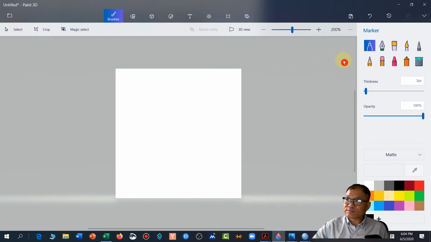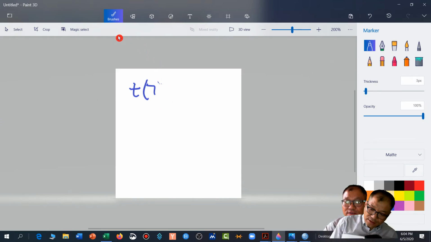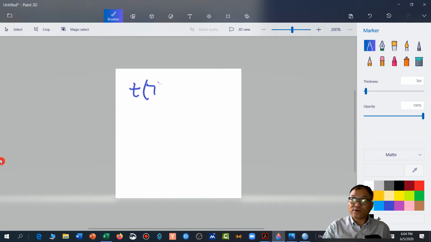Let me just make it smaller. So right here, again, I can't really write. I don't know what is happening. Another frustration going on here.